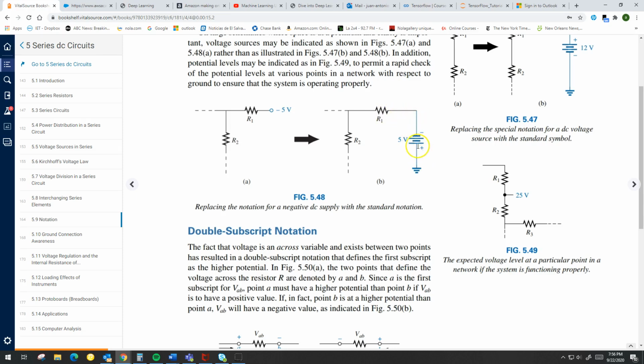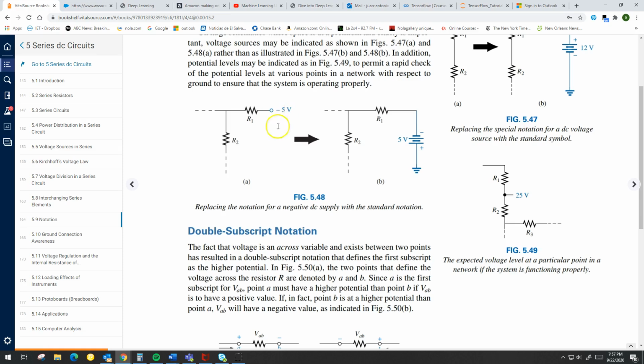And then the positive is connected to ground. Right? The drawing is telling me that. So if I follow this notation, as I did in the previous example, it tells me that R1 is connected to negative 5 volts, see? Negative. All right? So this is a shorthand way of drawing this circuit. It's just a shorthand. Okay.